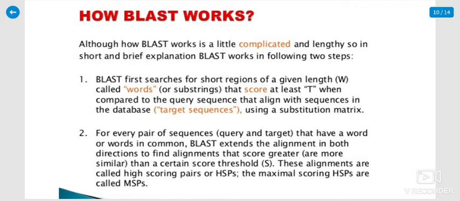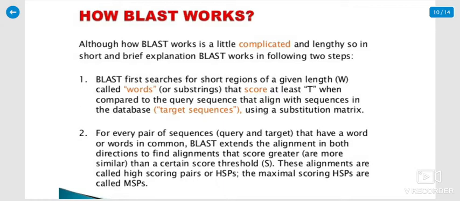Second, for every pair of sequences that have a word in common, BLAST extends the alignment in both directions until the score falls below a certain threshold.